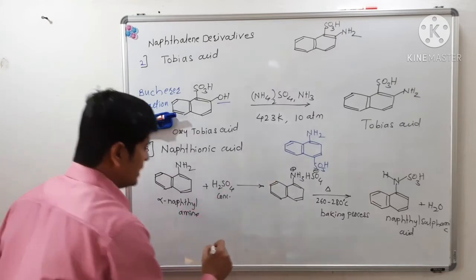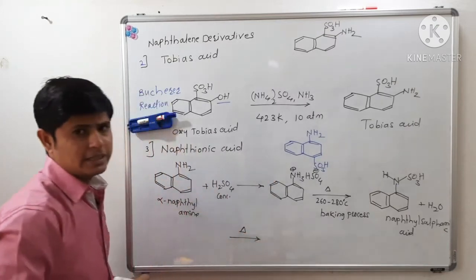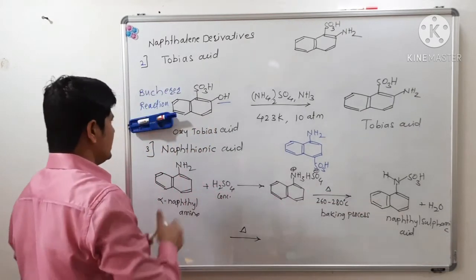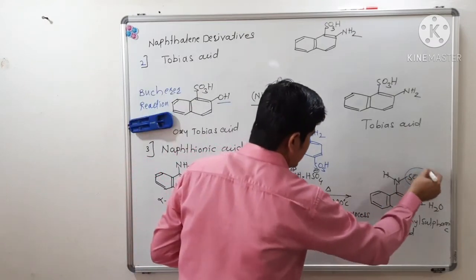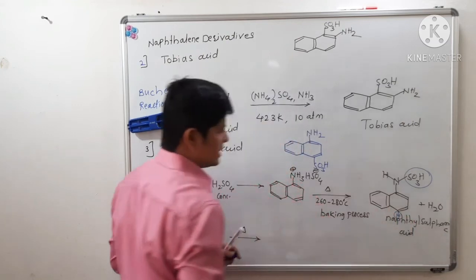In the next step, when we heat that naphthyl sulfamic acid again, there will be a rearrangement of this sulfonic acid group and this proton, that is this hydrogen.